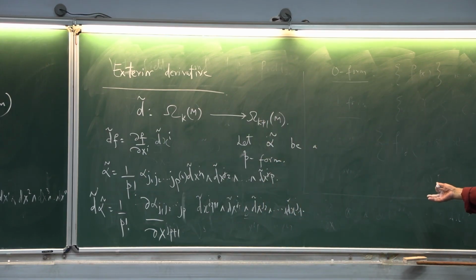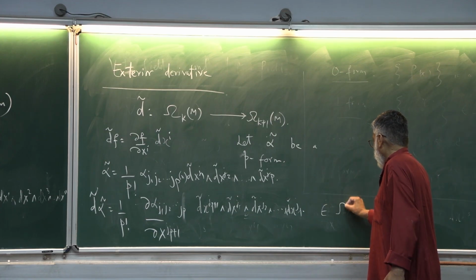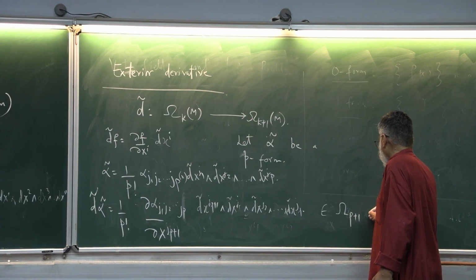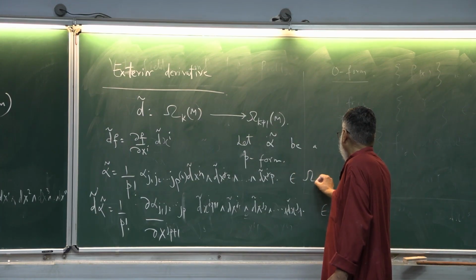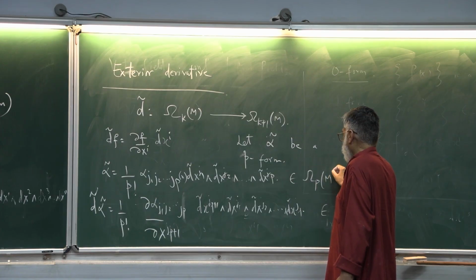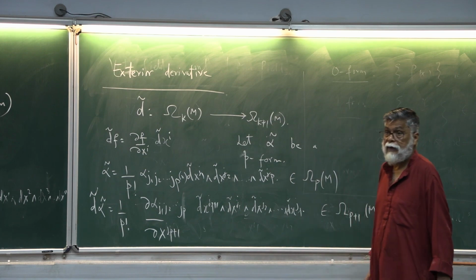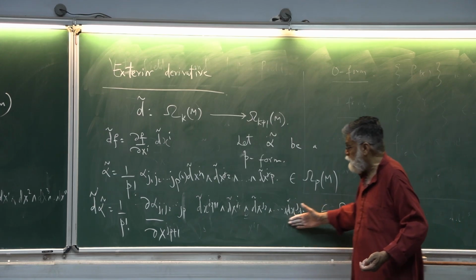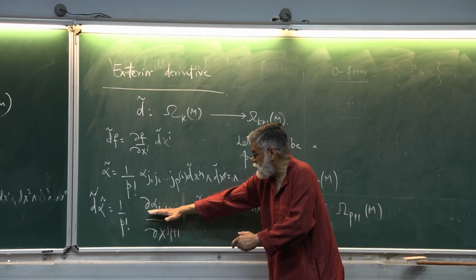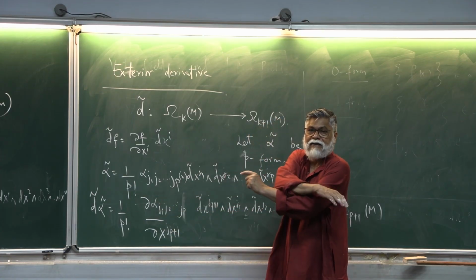Now clearly this is a p plus 1 form, so this belongs to omega p plus 1 of M. The original belongs to omega p of M, but there is an additional index, so 1, 2 up to p plus 1. Because this part was already antisymmetric but there is now a del by del x, you have to antisymmetrize it.